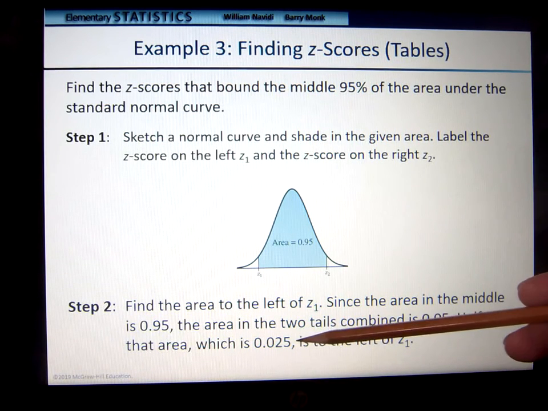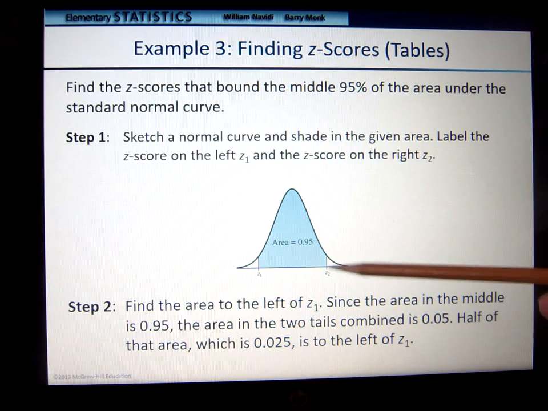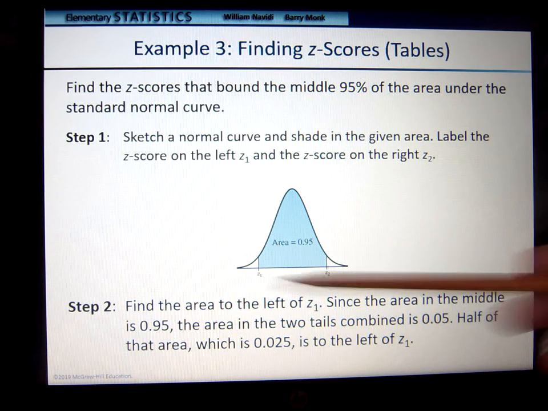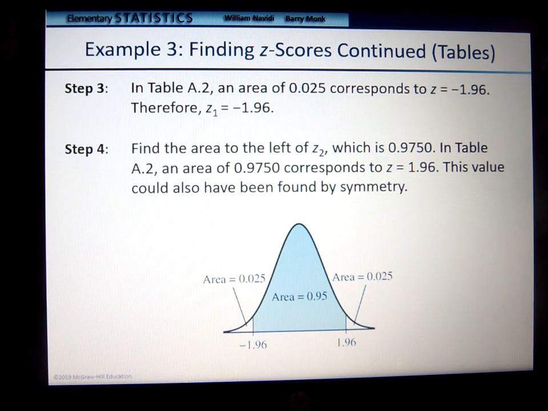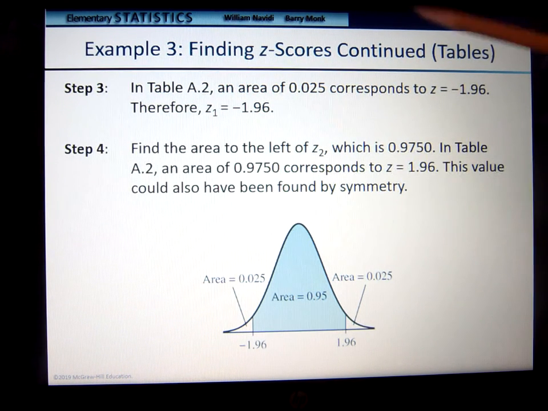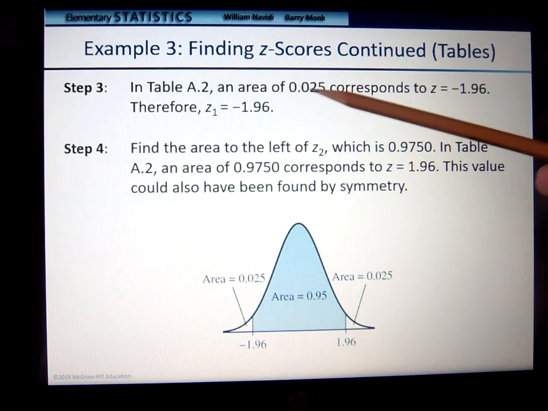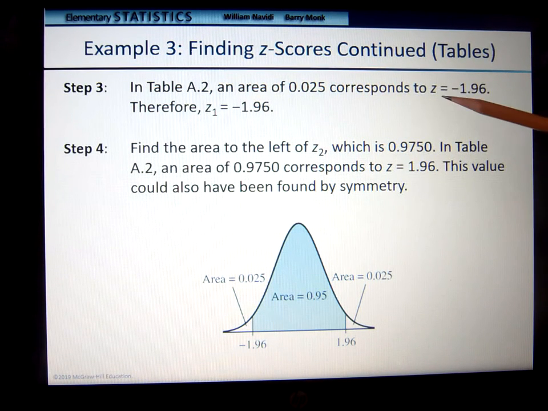So now I have this value and this value. If I look at the table, oh, it didn't give me the table this time. The area 0.025 corresponds to z equals negative 1.96.